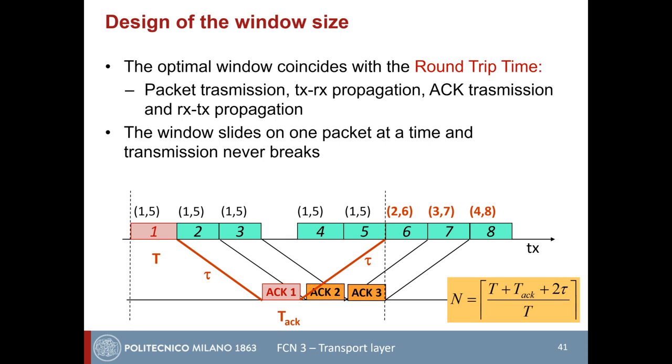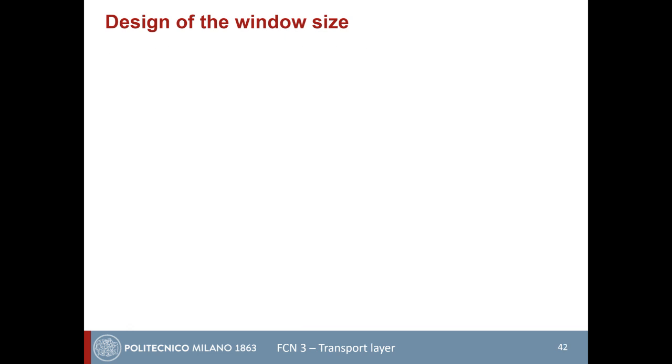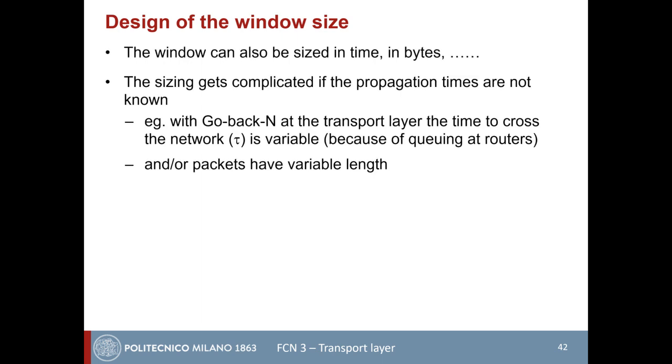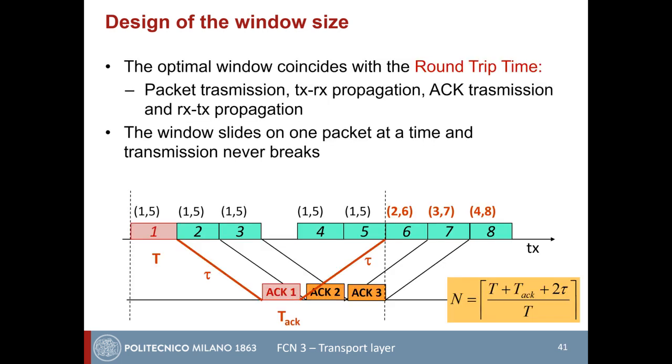This sum is also called the round trip time of this system. So we need to know the round trip time of the system in order to design the window in an appropriate way.